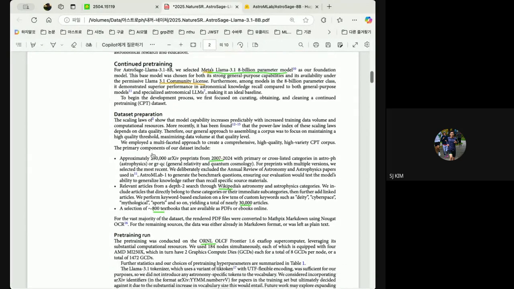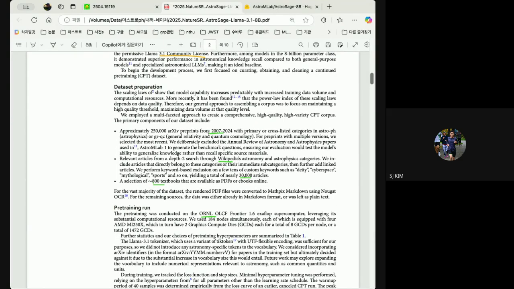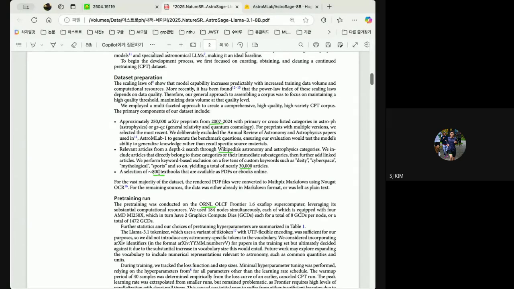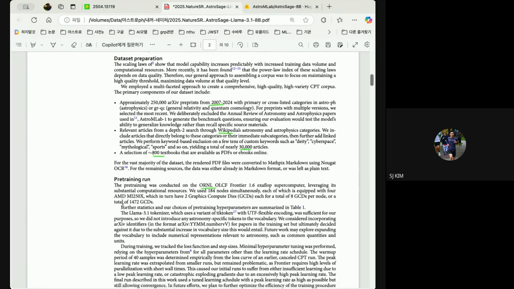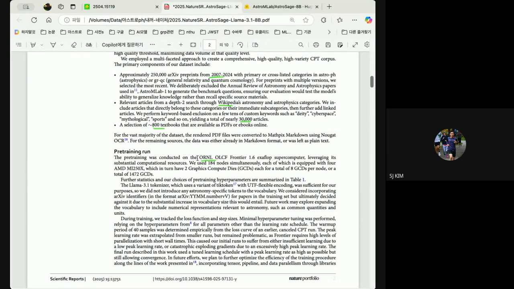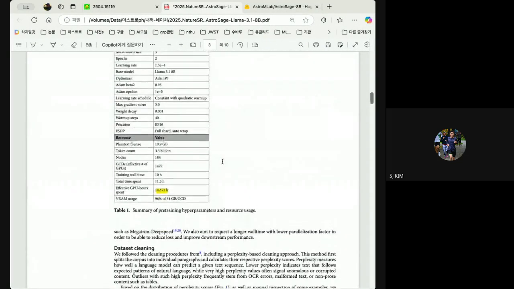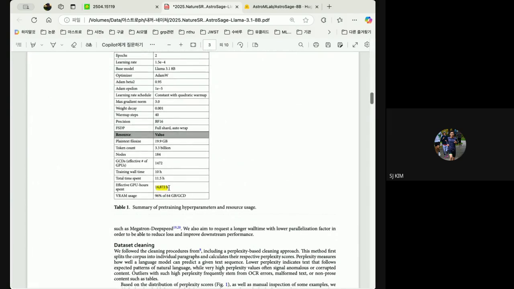The training data are arXiv papers from 2007 to 2024, 30,000 articles from Wikipedia, and 800 astronomy textbooks. For the supercomputer, they say it's one of the strongest, ORNL, Oak Ridge National Laboratory in Tennessee. They used 15,000 GPU hours.